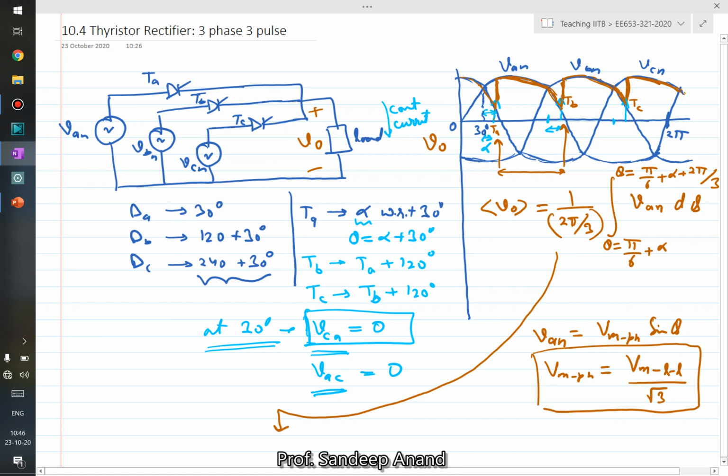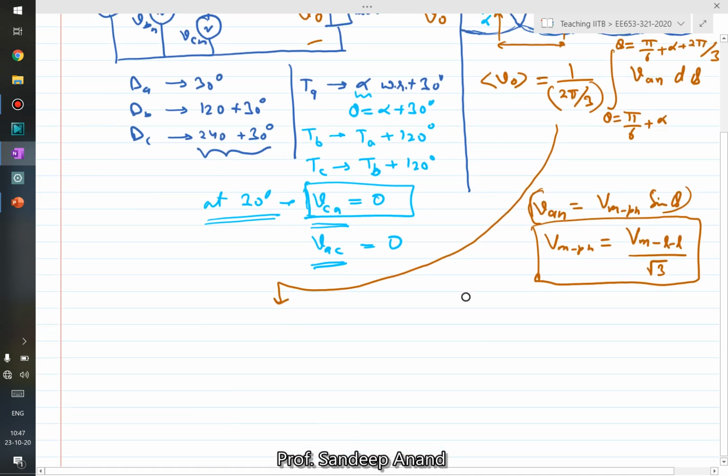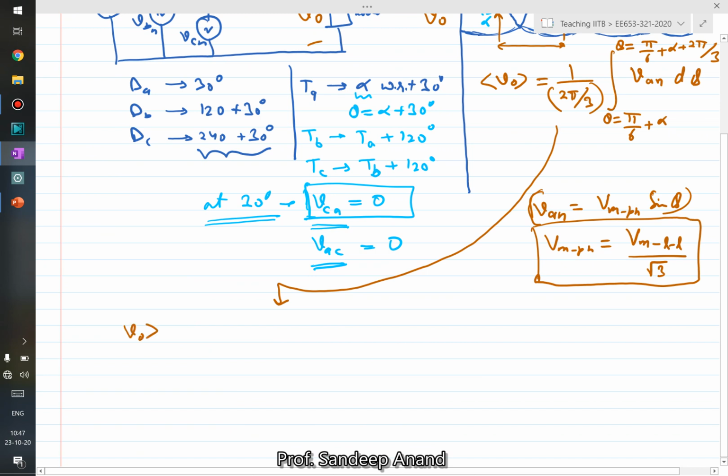We may substitute this towards the end, but just for information, the phase voltage peak value is line to line peak value divided by √3. As of now, let's substitute this first term into the above integral and try to solve it. So we see that V0 average is equal to 3 upon 2 pi integral going from pi by 6 plus alpha to pi by 6 plus 2 pi by 3 plus alpha, of VM phase into sine of theta d theta.